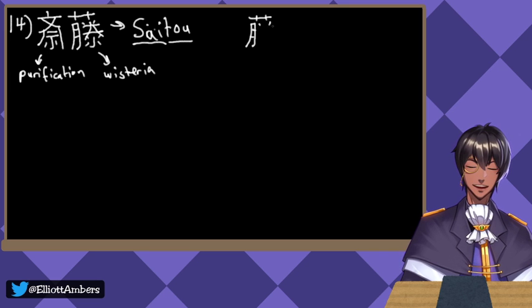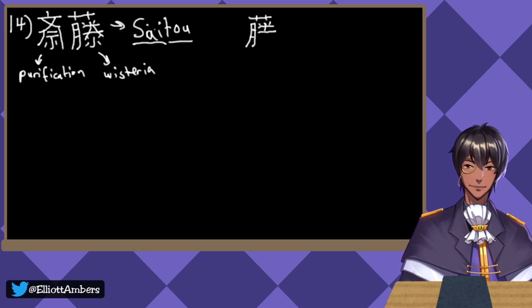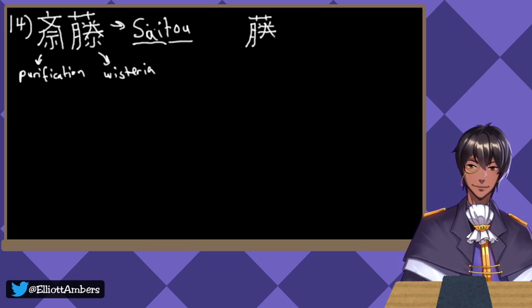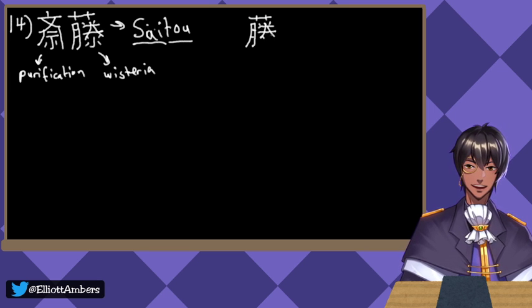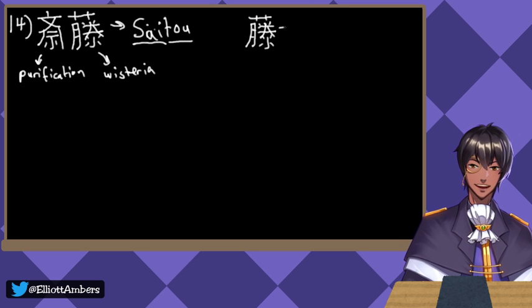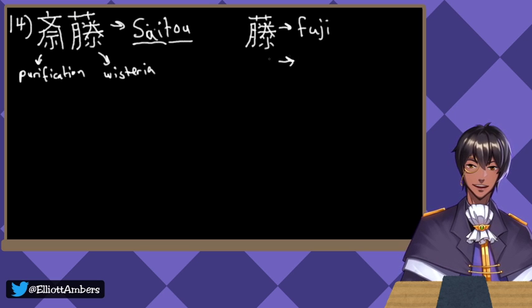Also, there weren't many good resources on this that I could find, but I'm pretty sure the resources I found were accurate enough, at the very least. The Japanese reading for this is Fuji, but the Chinese reading, the onyomi reading, is To.